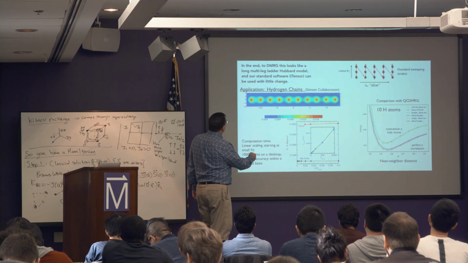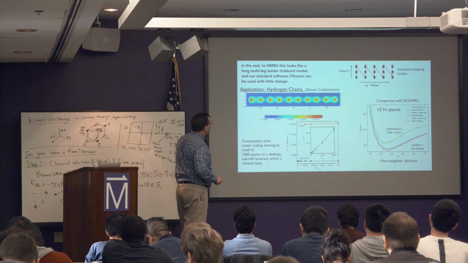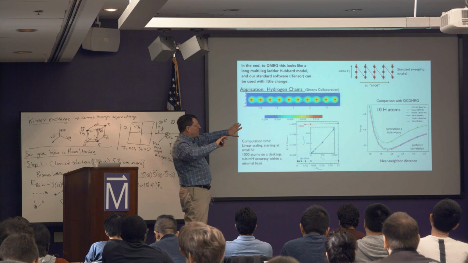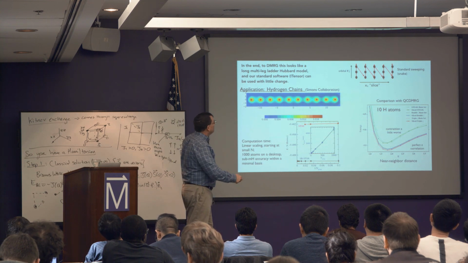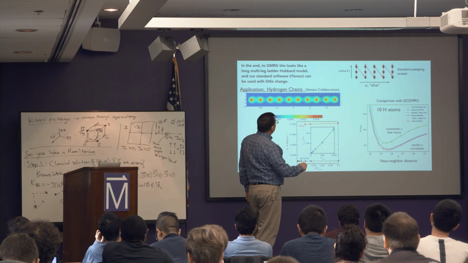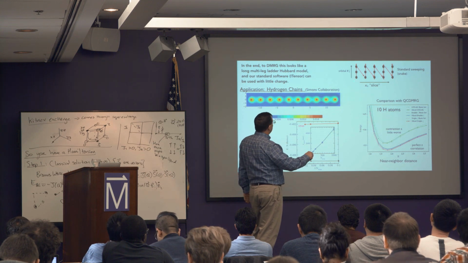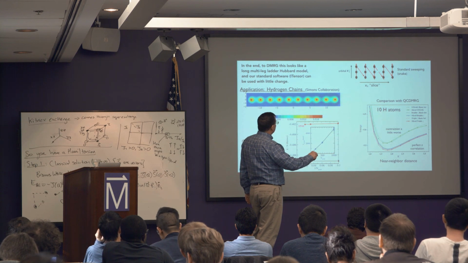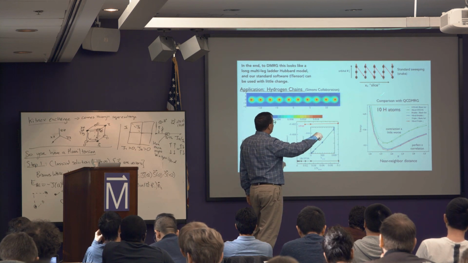In the end, once you've done this setup, you've transformed your hydrogen chain system in 3D into something that looks like a Hubbard ladder, and we do the DMRG pretending it's a Hubbard ladder. You have a path through the system that goes in a snake, though the snake is usually drawn the other way.